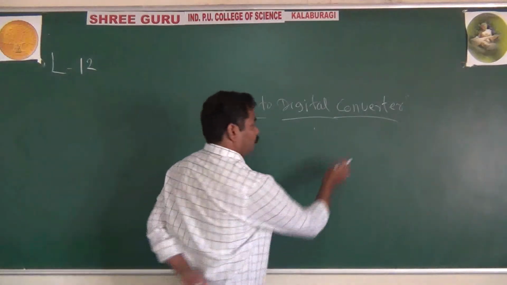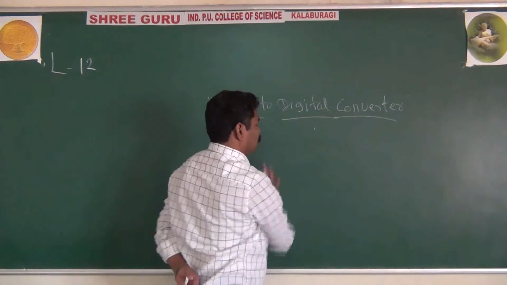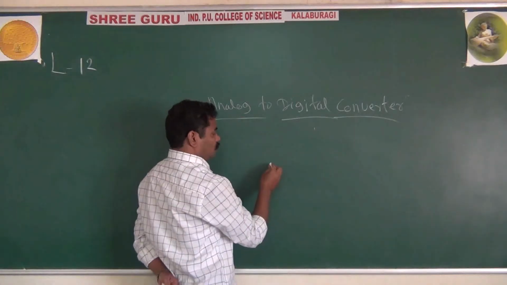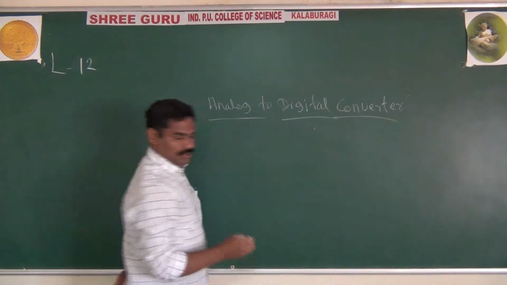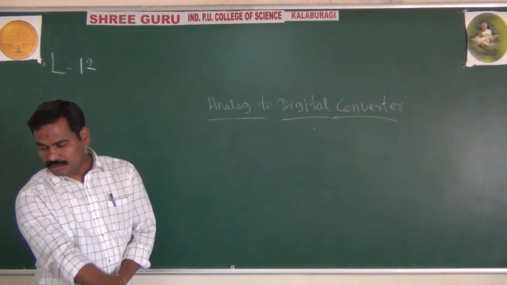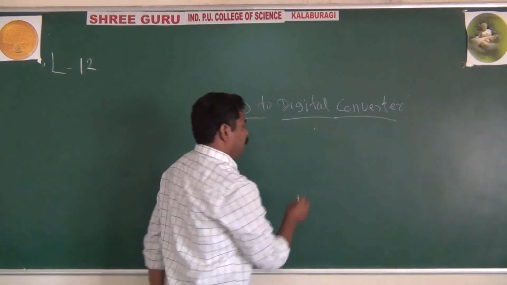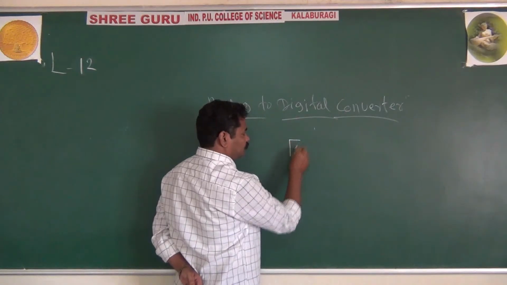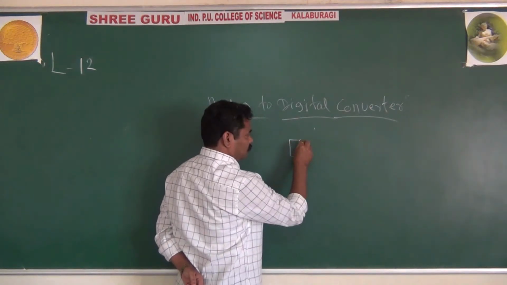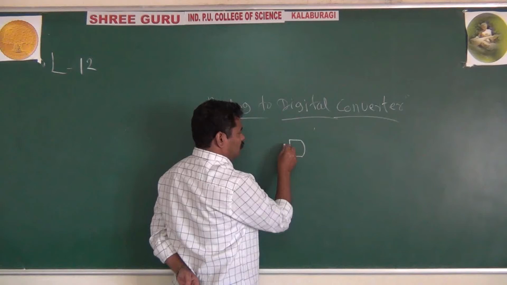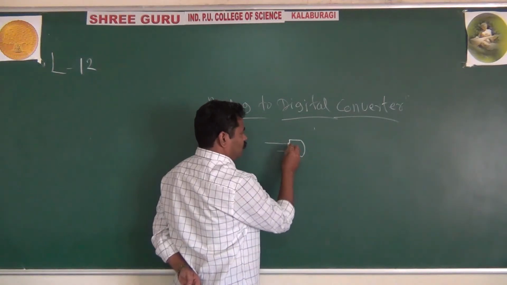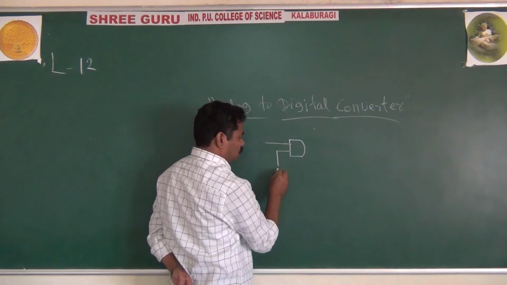And as usual, we can draw the figure, and the figure is very simple. Here you are using an AND gate, and one of the inputs for the AND gate is your clock signal.